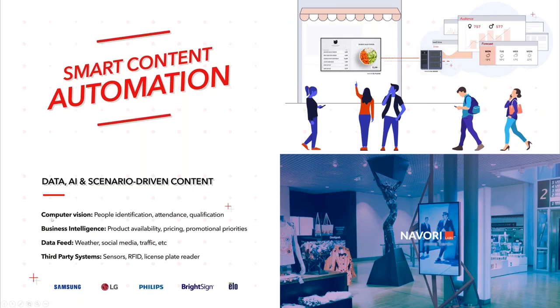While we came out with the rules engine first, in the very near future Navori is going to be releasing a new product called Aquagi, which is our take on computer vision and people detection, using cameras whose video is instantly analyzed by the Navori Aquagi system and fed instantly into the data feed manager so that your media can take action based on the rules we program against that data.